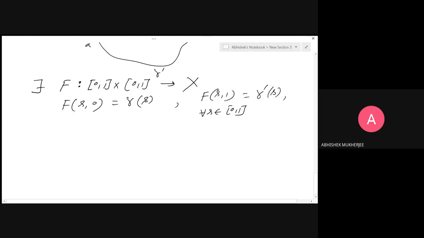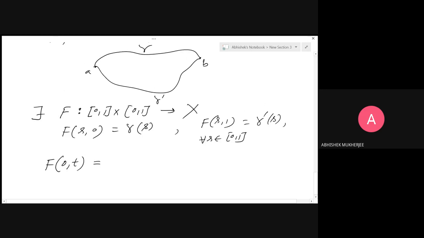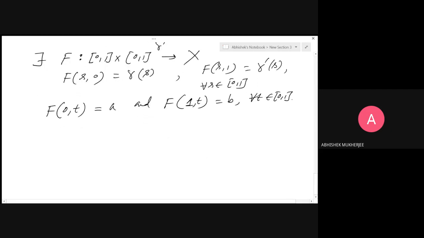Okay. And F(0,t) will be the endpoint A, the initial point A, and F(1,t) will be the endpoint B for all t belonging to [0,1]. Fine. So we call this F a path homotopy. So it is a homotopy between two paths.